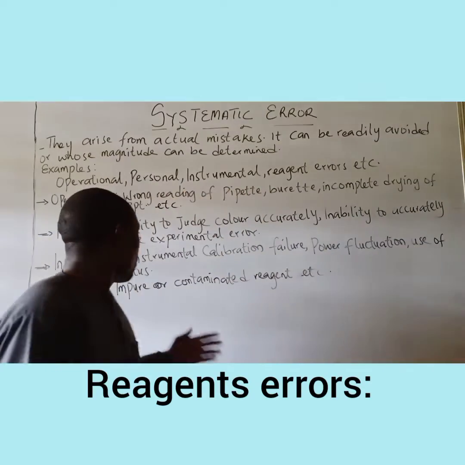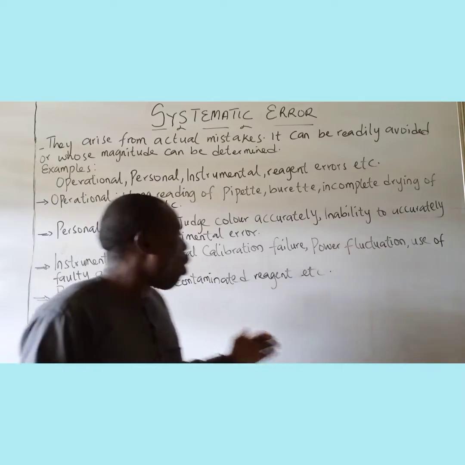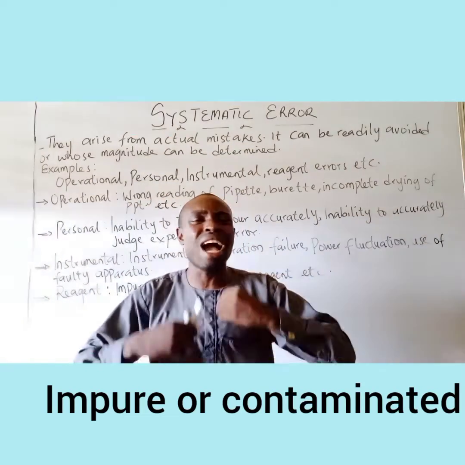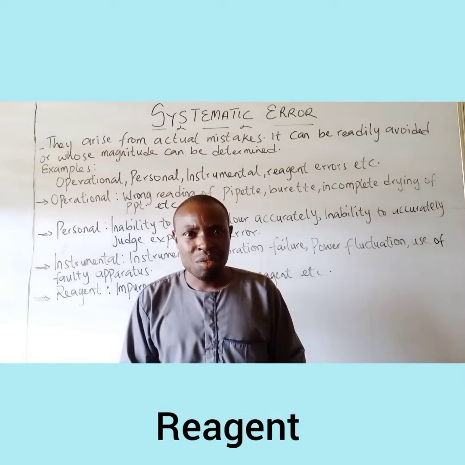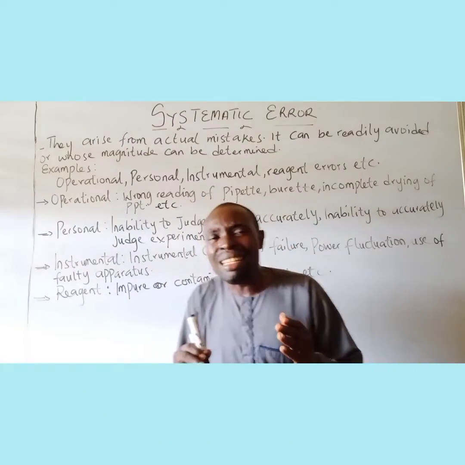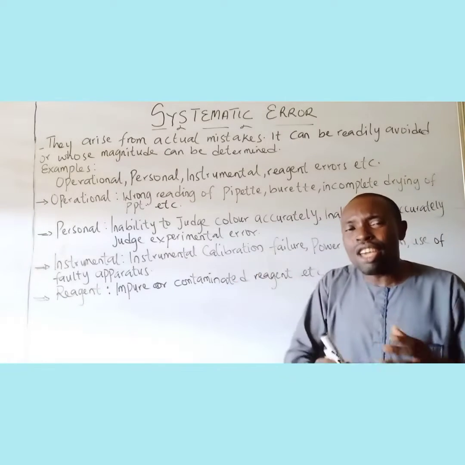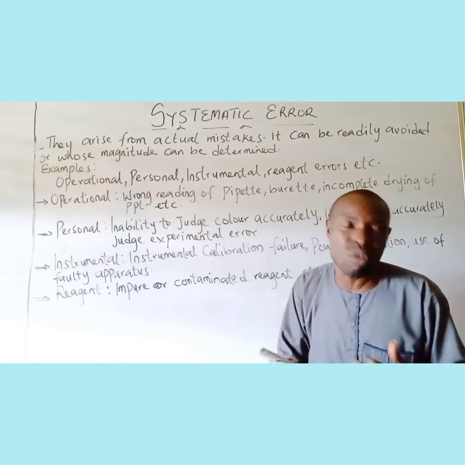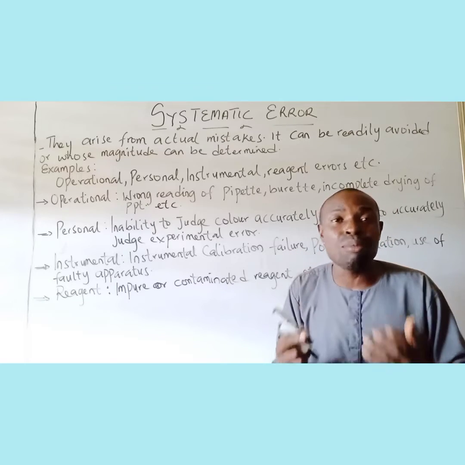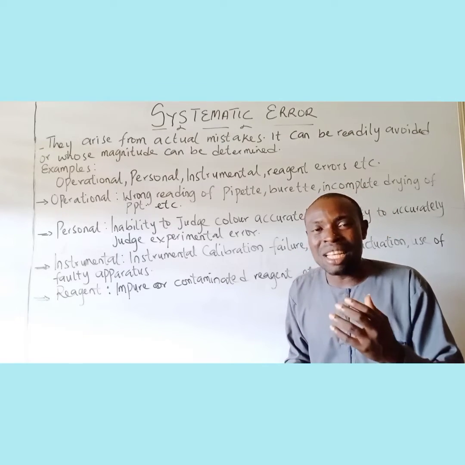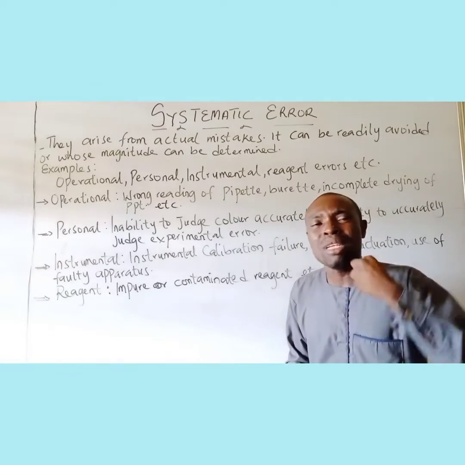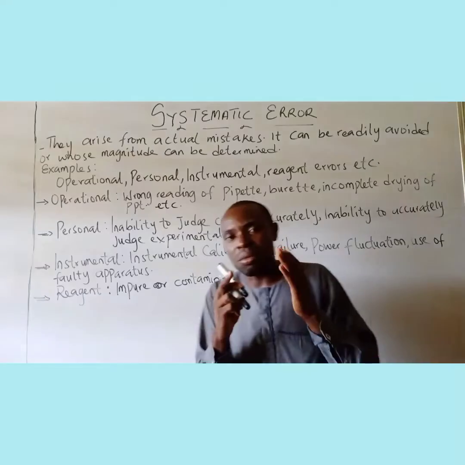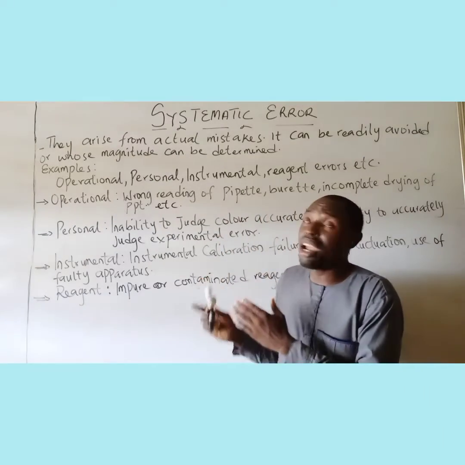Under reagent error, it involves impure or contaminated reagent, and the list goes on and on. So we should understand that this systematic error takes a huge part in our daily work. In fact, it is very, very common, and the good thing about it is that it can be eliminated or minimized. For now, this is all under systematic error.